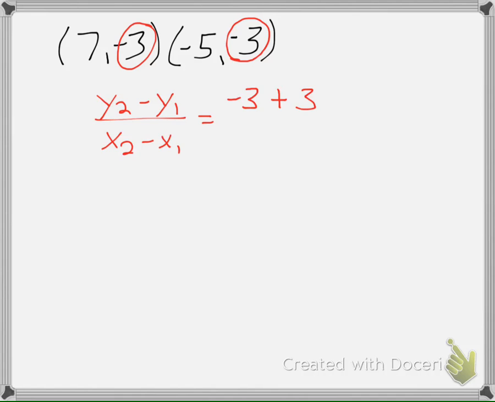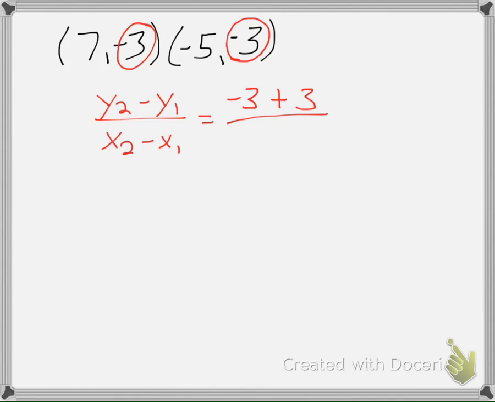I had a lot of people missing this one because they were getting negative 6 on top, because they subtracted a positive 3 instead of a negative 3. So make sure that you are careful with your negative symbols.